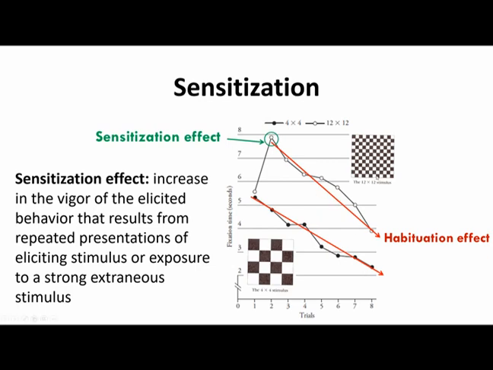So as a refresher, that's up on the screen here. We have our simple stimulus and our more complex stimulus. Initially, the first time they see either of these stimuli, they're going to look at them for about the same amount of time.